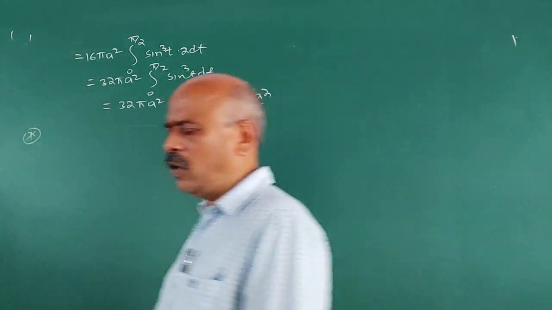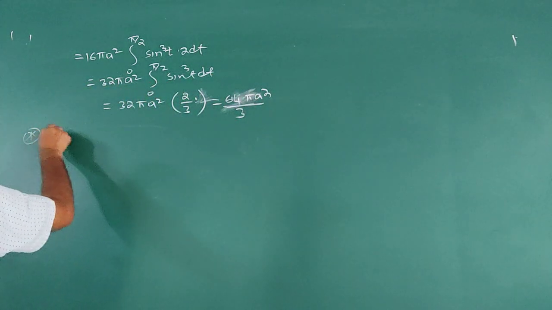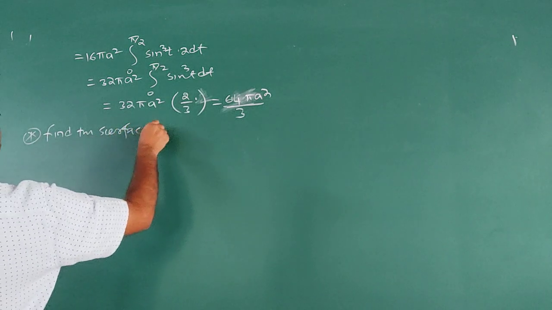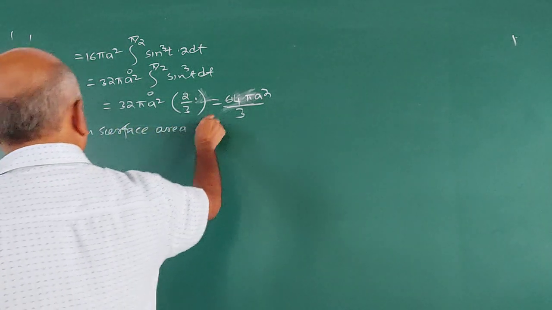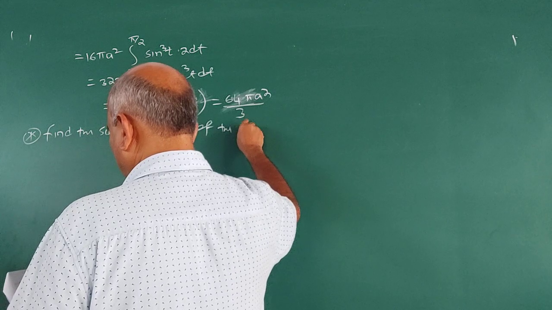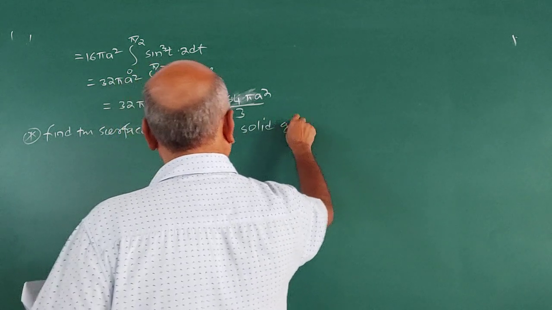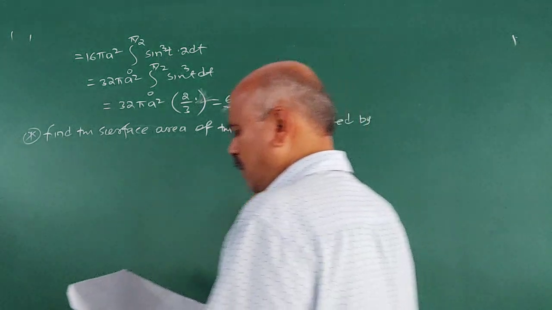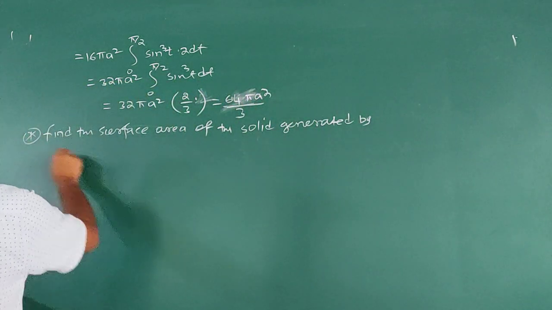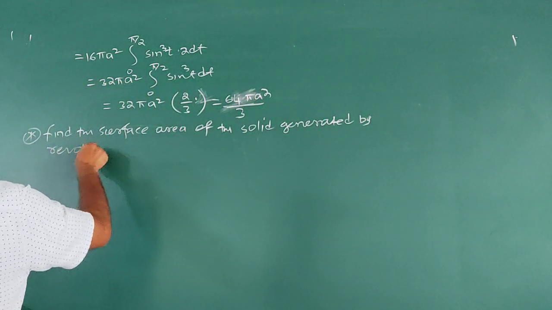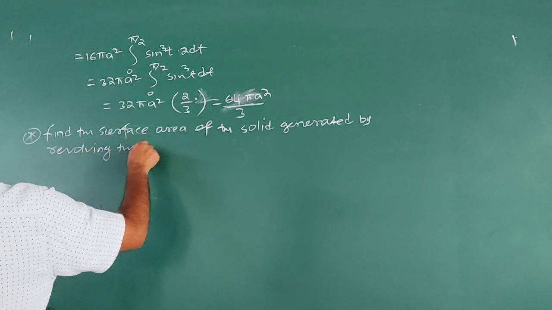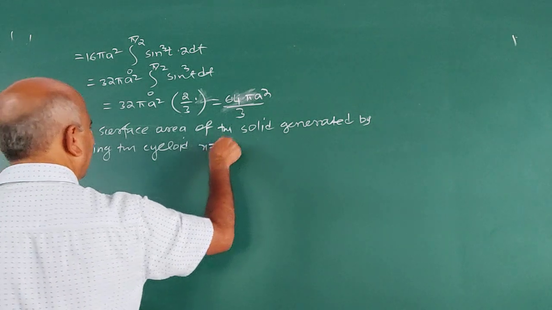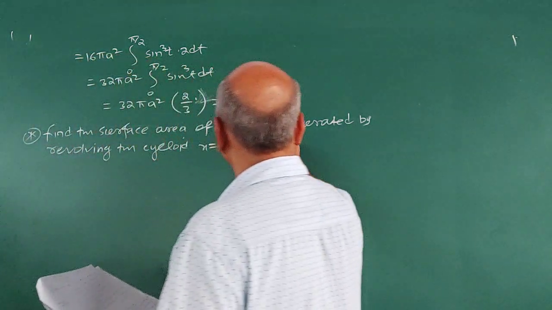Find the surface area of the solid generated by revolving the cycloid x is equal to a into theta plus sin theta.